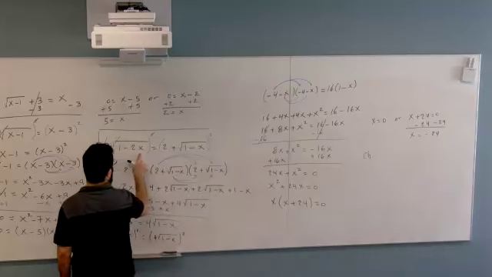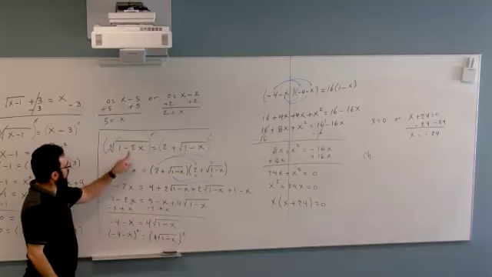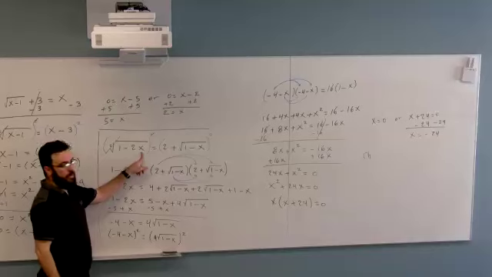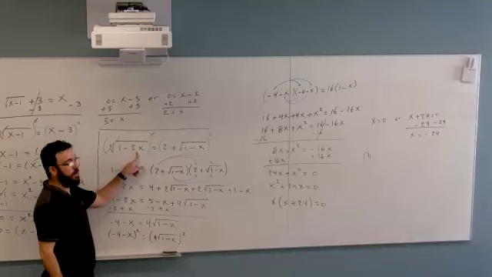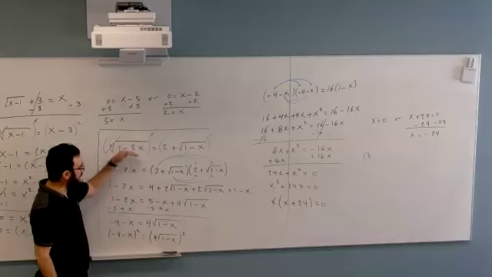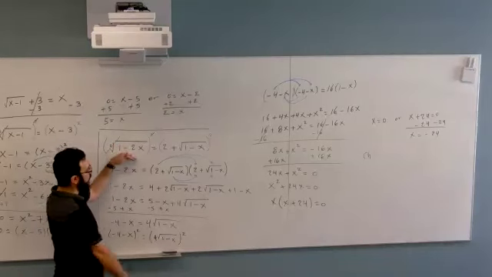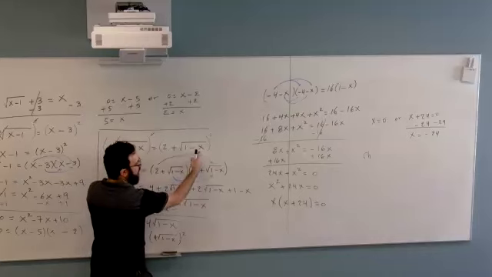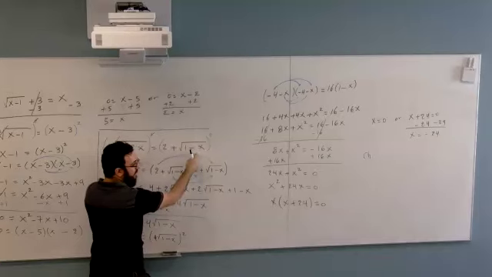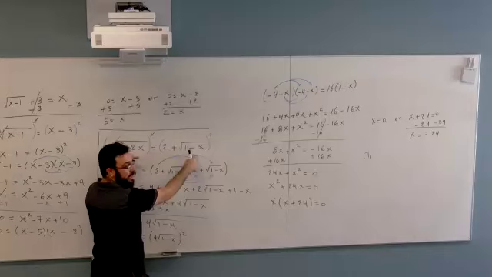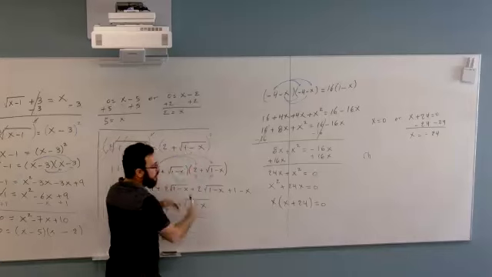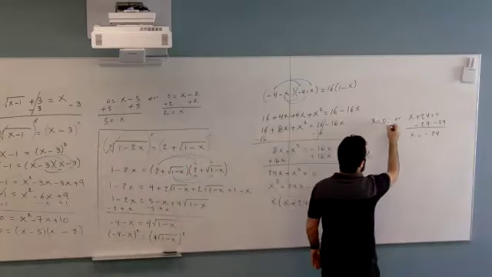When you plug in 0 here, negative 2 times 0, 0. 1 minus 0, 1. Square root of 1. So I get this side equal 1, right? Plug in 0 here. 1 minus 0, 1. Square root of 1, 1. 2 plus 1, 3. Does 1 equal 3? No, so that means this is not a solution.